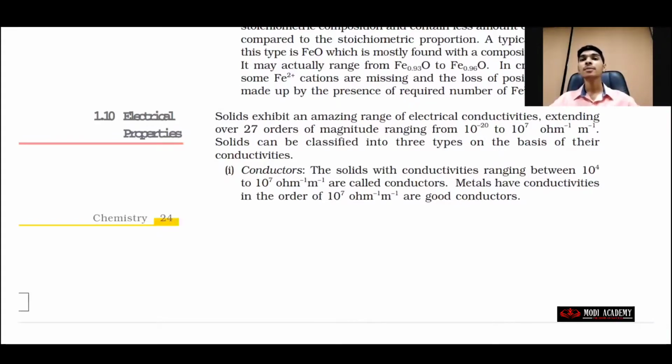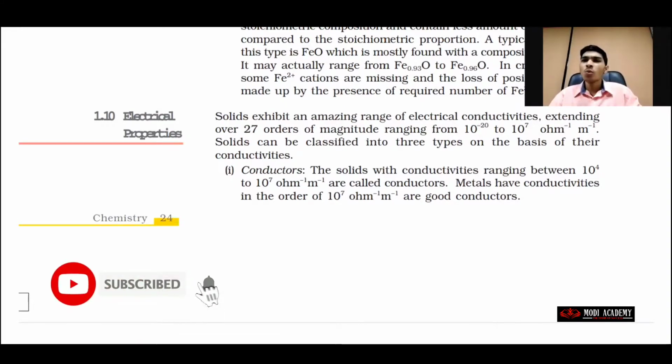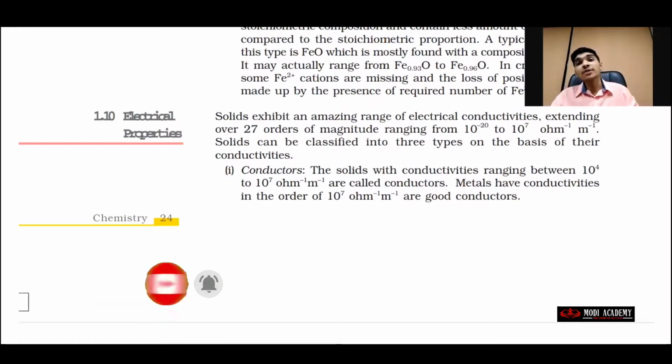Conductor means a substance which conducts heat and electricity very readily and without a loss of a very huge amount of heat. Then the second type is an insulator, a substance which passes electric current, but not such a huge amount as a conductor, and not such a low amount as a non-conductor of heat and electricity.